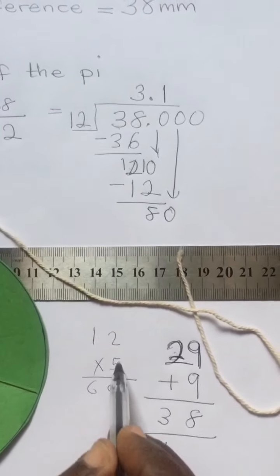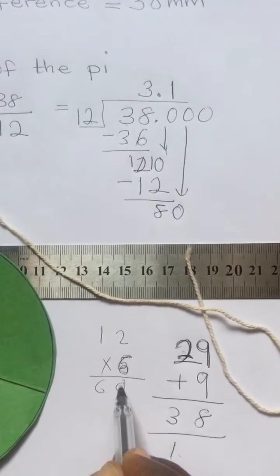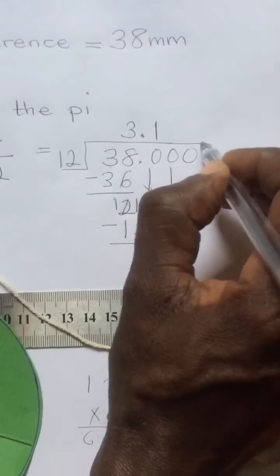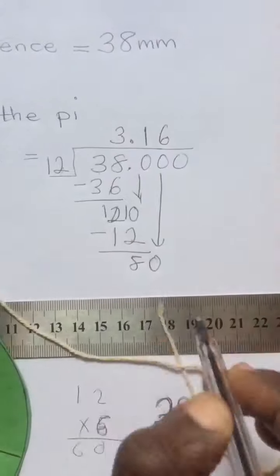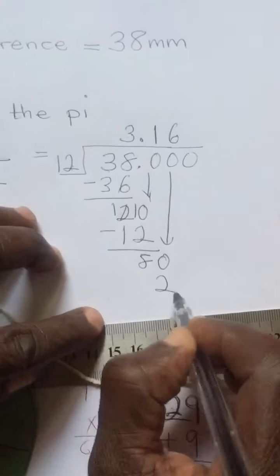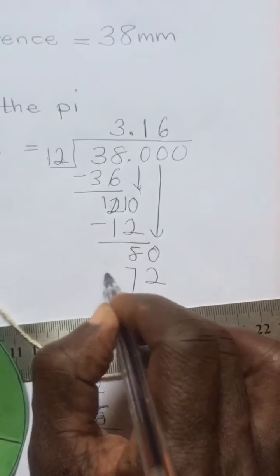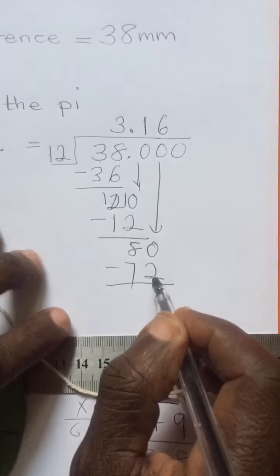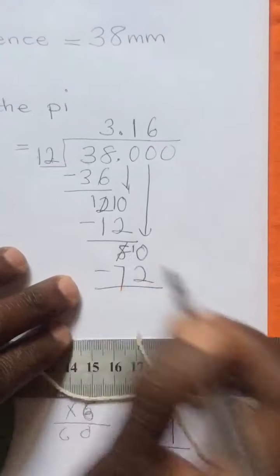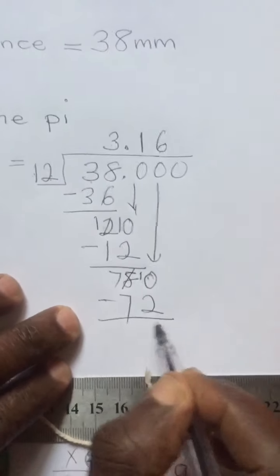No. So 6. Yes, let's look at 6. So we say 6 times 2, that is 12, carry 1. 6 times 1, 6 plus 1, 7. So it goes on. Can't get 2 from 0, you borrow. So this is 7, and it becomes 8.